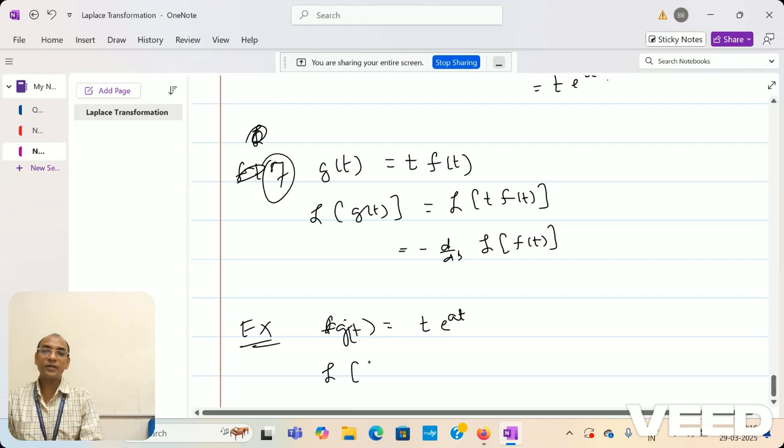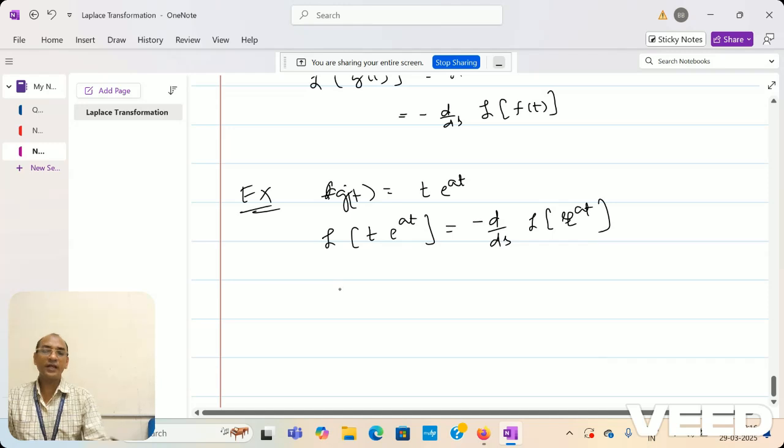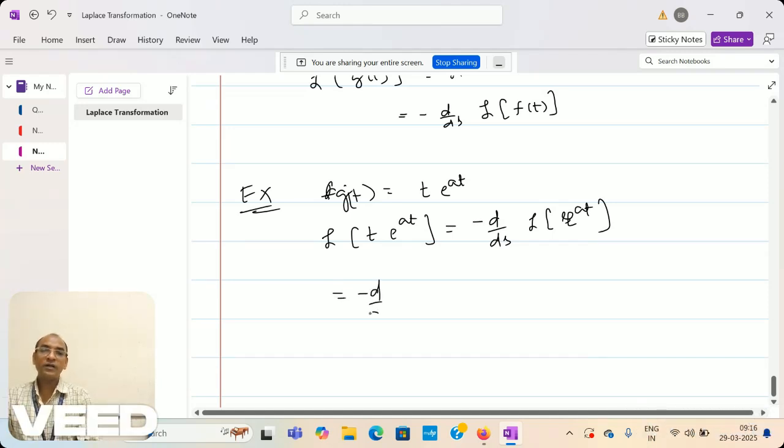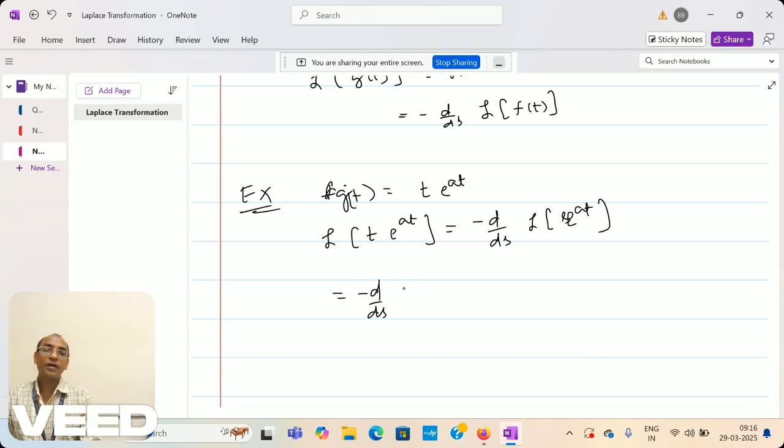When I find the Laplace transformation of t into e to the power at, for that t I preserve minus d by ds, and then I find the Laplace transformation of e to the power at, which is known to us: 1 by s minus a. Now find the derivative of this. If you simplify it, you will get 1 by s minus a whole square.